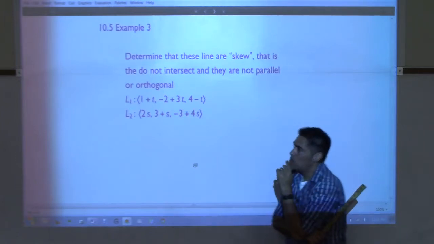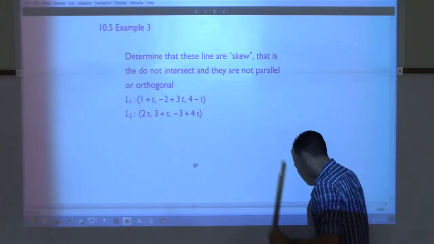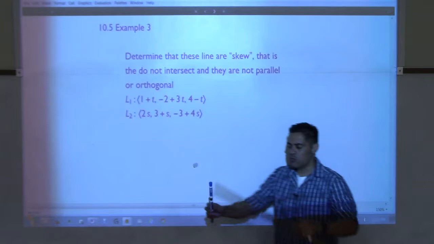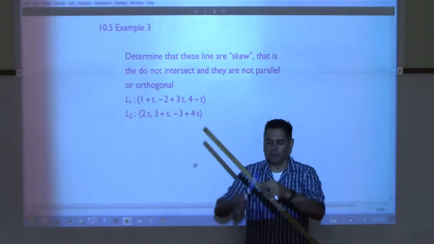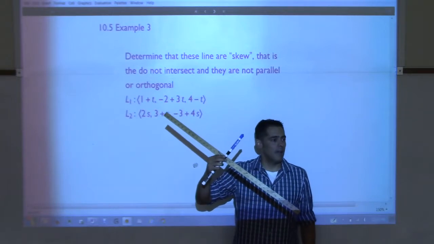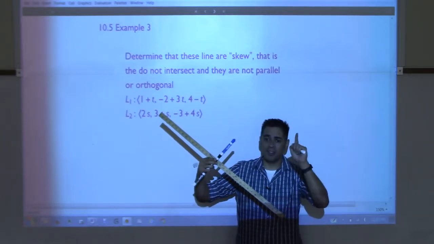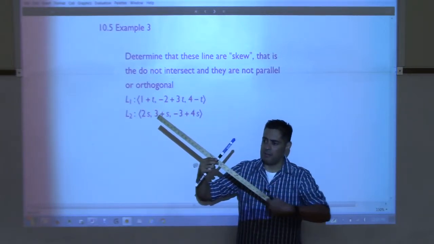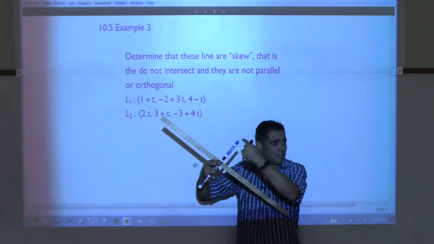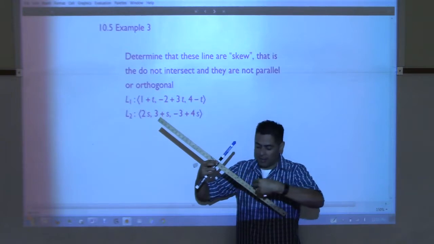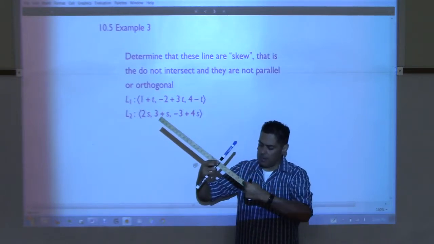Let's think about it another way that maybe will be less confusing. If I'm trying to figure out if two lines hit each other, then I'm trying to figure out, is there a t that I can plug into this line that would give me a point that also lives on this line? And let's say I find a t here.